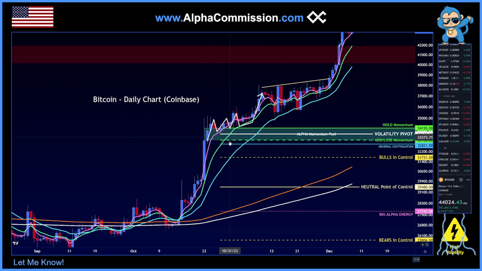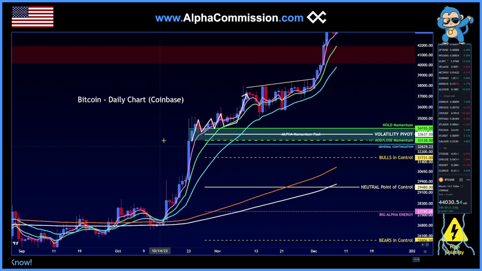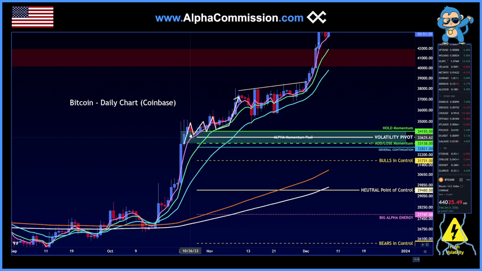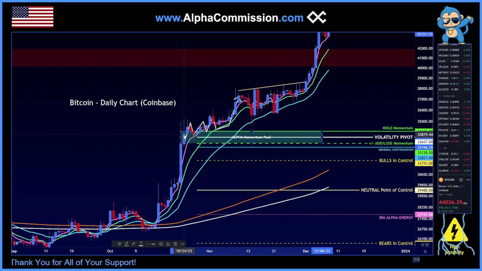Price action would not have moved on yet. We're just in this area, and you can see that we were just pushing into this area, so we had to hold this level. And I suggested that this would be the volatility pivot because of some price action over here on a really granular level in terms of price action and candles. And so I designated that as the volatility pivot.